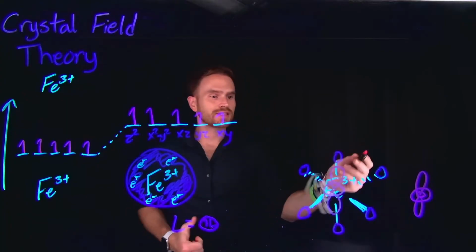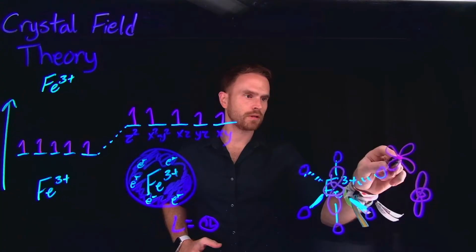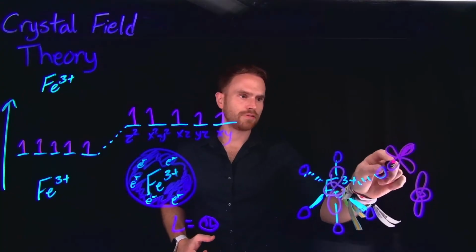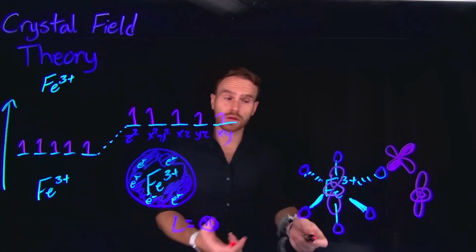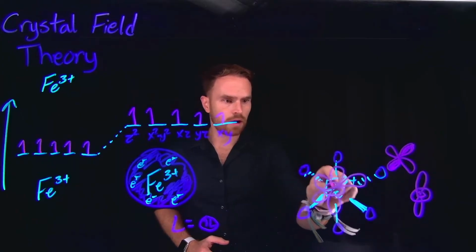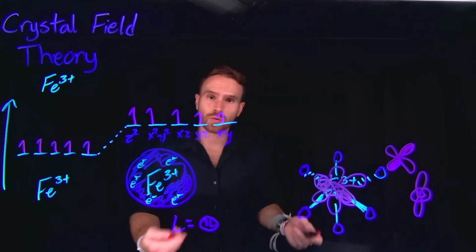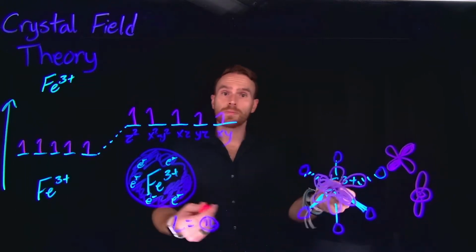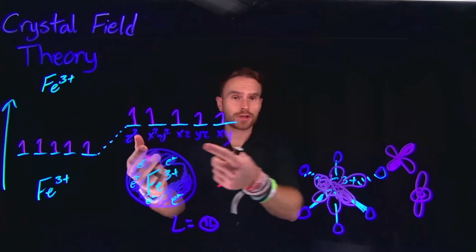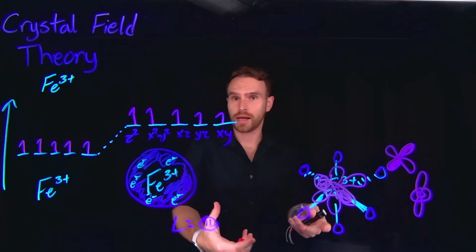All right. Similarly, remember that the dx squared minus y squared looks something like this, where you have shading in this region. And those lie along these bond axes. Okay, so along the bond axes that remain, that is where our dx squared minus y squared is. All right, so because of that, remember there are electrons in there which are negatively charged, and coming in from the ligands are donating electrons.